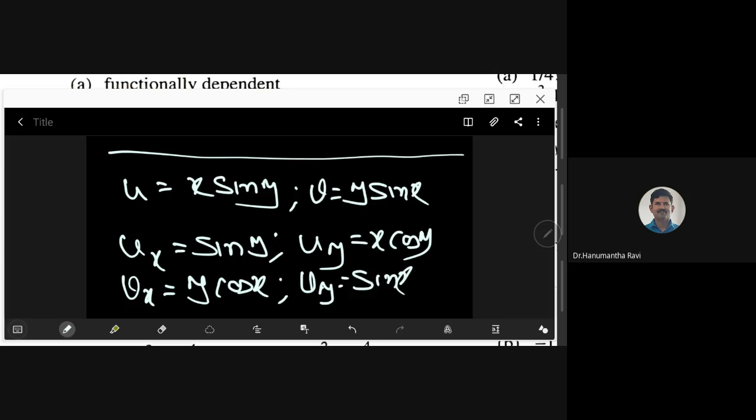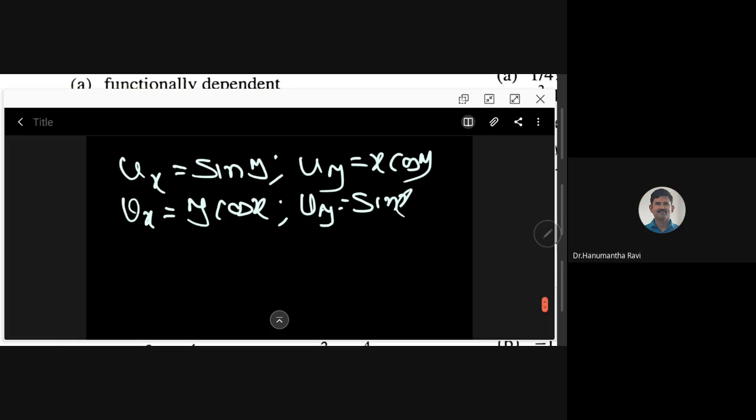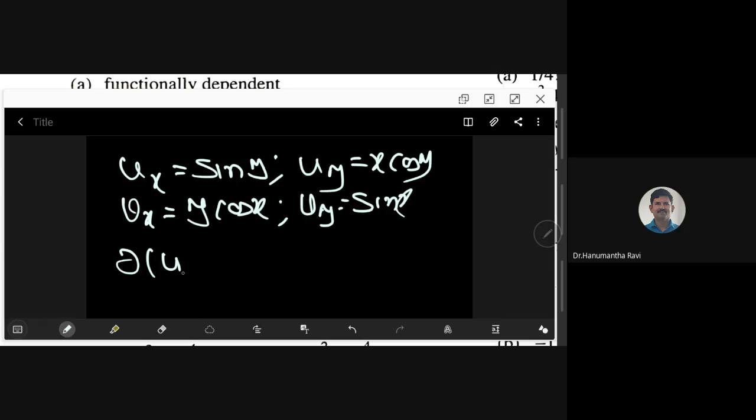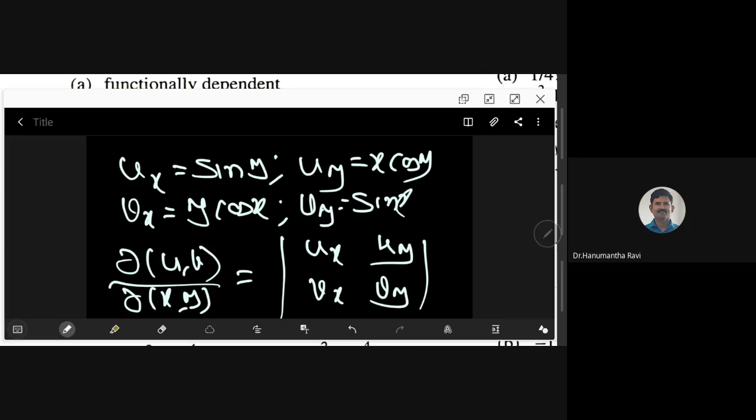So therefore, the Jacobian du by dv by dx dy is equal to the determinant of ux, uy, vx, vy.